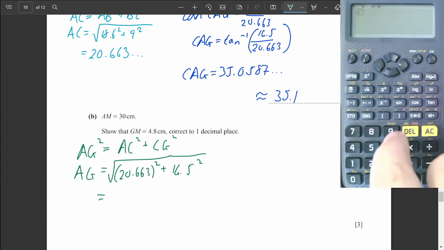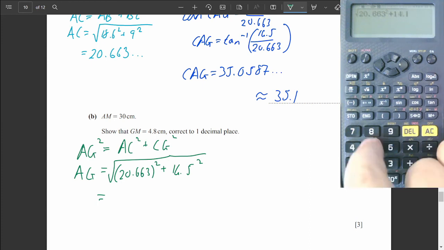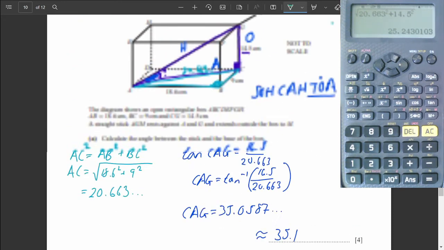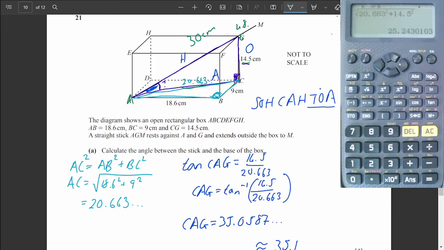Square root of 20.663 squared plus 14.5 squared equals 25.243, etc. Next thing to do would be to subtract that from 30.